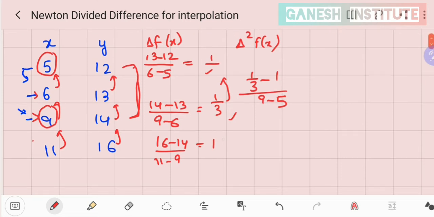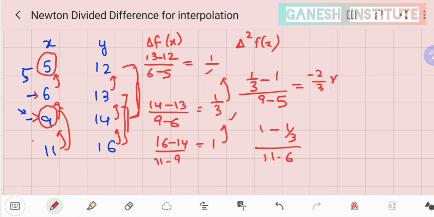Then for the next, 1 minus 1 by 3 divided by, again this is covering these three values, so skip 9, 11 minus 6, okay? So what you've got, 1 minus 3, if you take LCM, 1 minus 3 is minus 2 by 3, then 9 minus 5 is 4, so this has become 1 by 6, right?